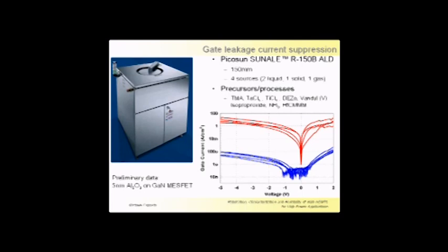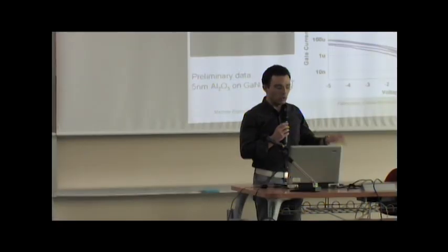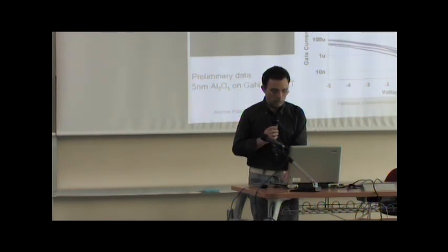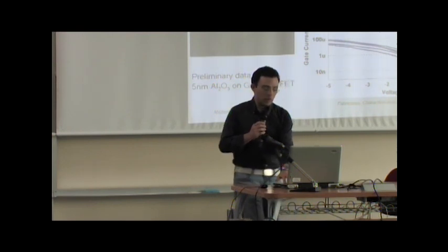We already got very good current suppression on a very simple structure, a GaN MOSFET. And we are going to introduce this kind of insulator in our HEMT, in a MOS HEMT, and try to make some power measurements.